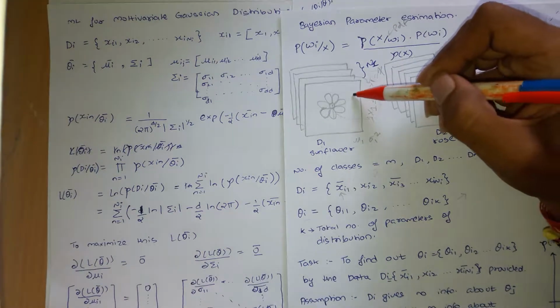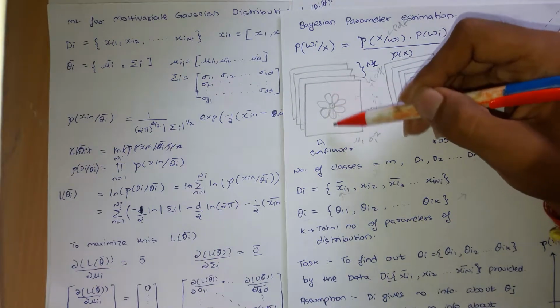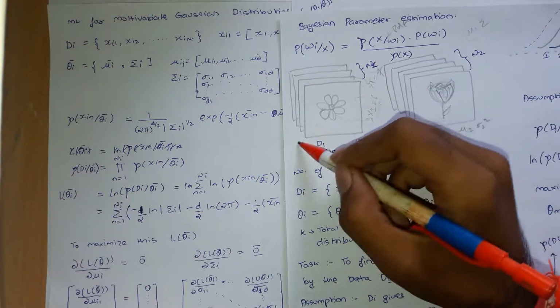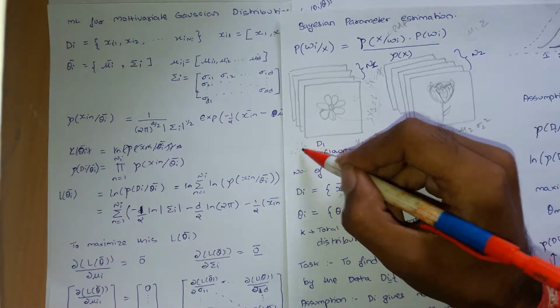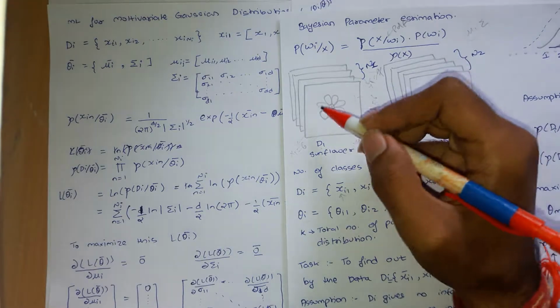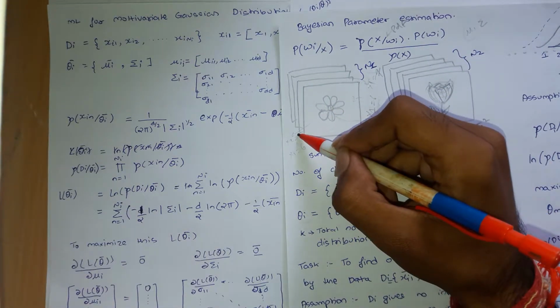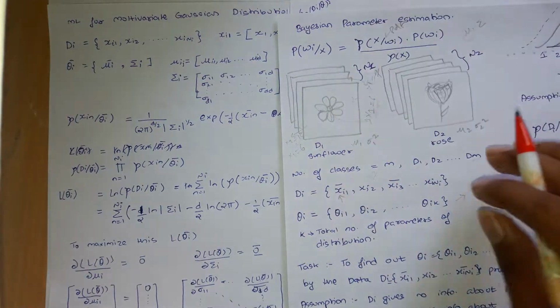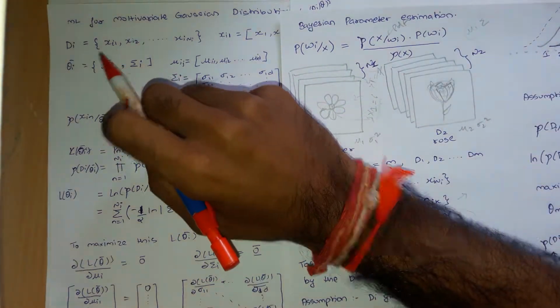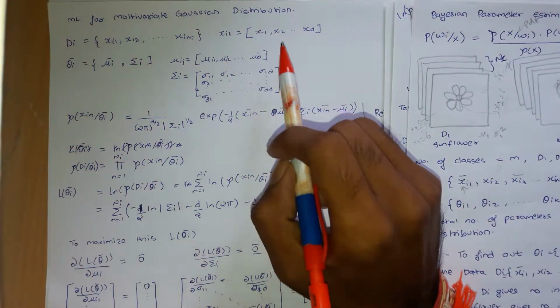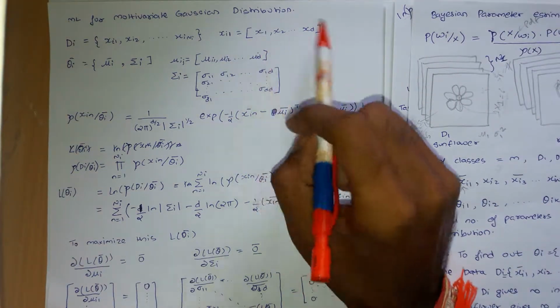xi1 is basically the first image. So what are the feature values for this first image? Say x1, the size, is equal to 6, and the luminance, say x2, is equal to some number, say 15. Here please note that xi1 will be a vector of d dimensions.